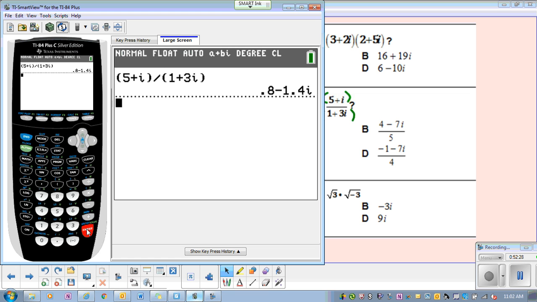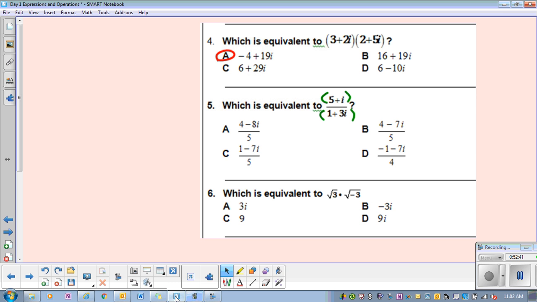You get this, right? But the cool thing is you could do math, enter, enter, and look at that. 4/5 minus 7/5 i. Which one is that? 4/5 minus 7/5 i is B. Right?